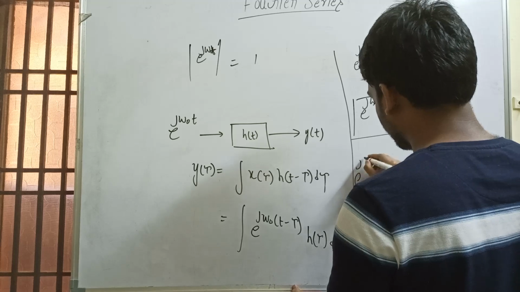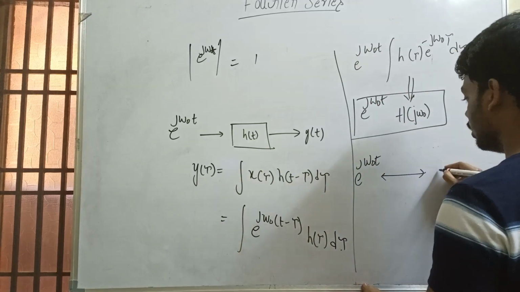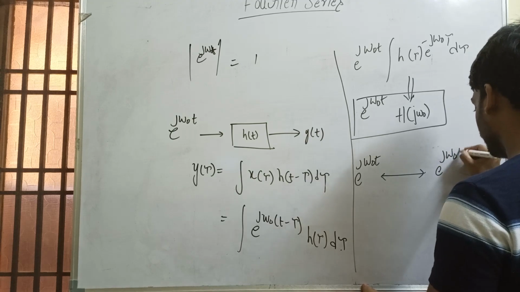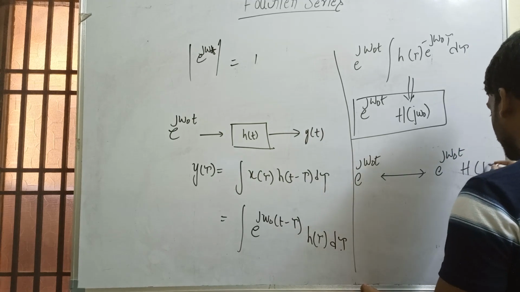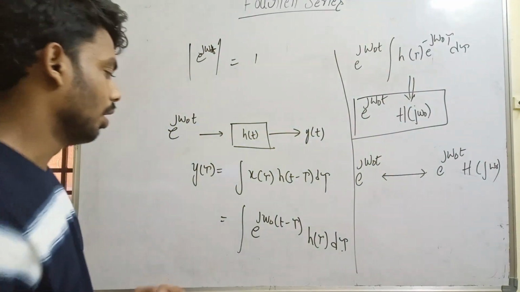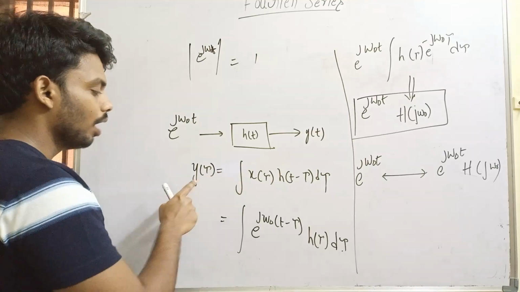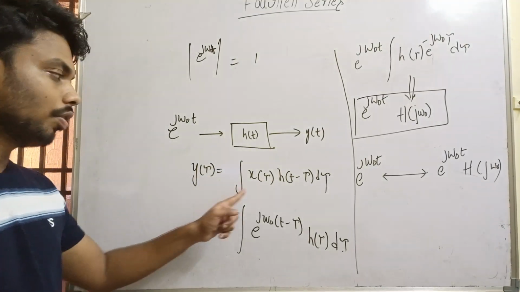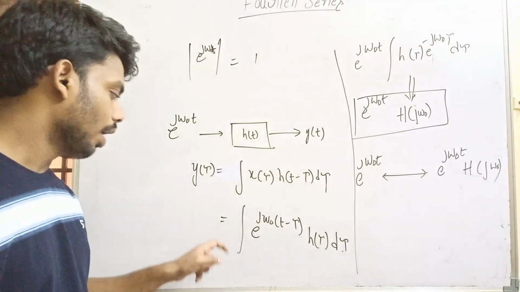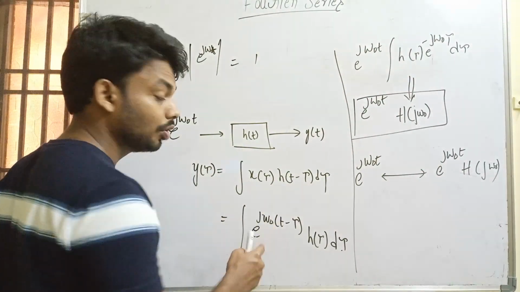Input is e power j omega naught t. Output of the system is e power j omega naught t into H of j omega naught. What I've done here is relate output, input, and impulse response by the convolution integral, y of t equal to the integral of x of tau h of t minus tau d tau, and I have substituted e power j omega naught t in terms of h of t minus tau.